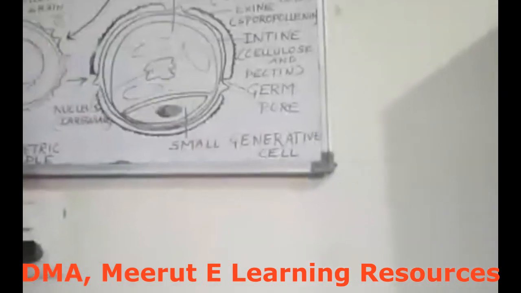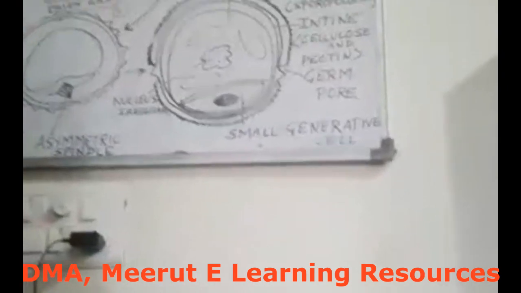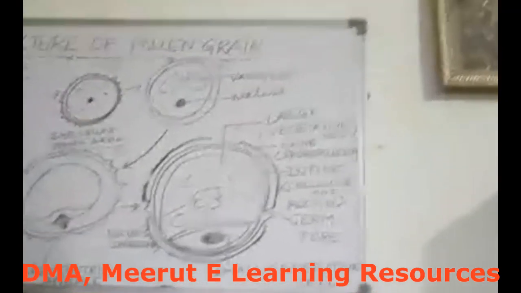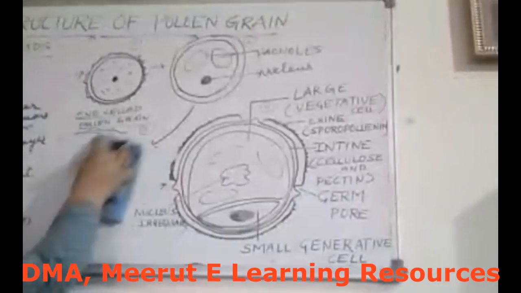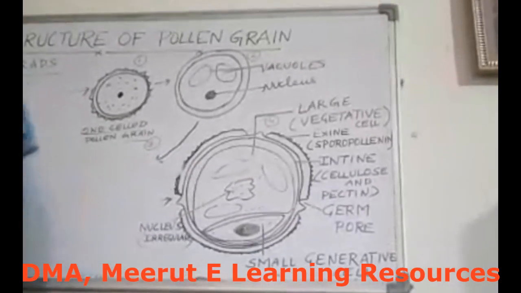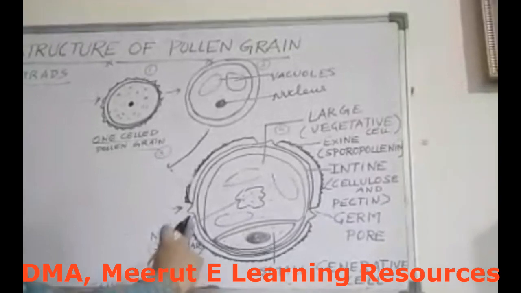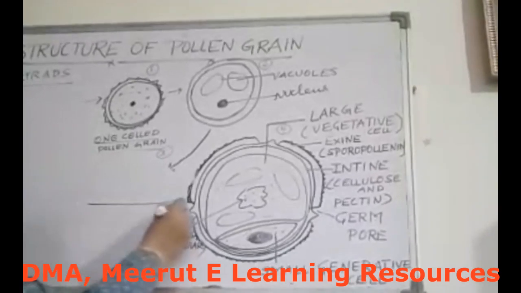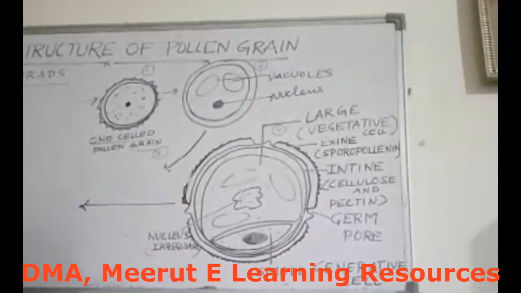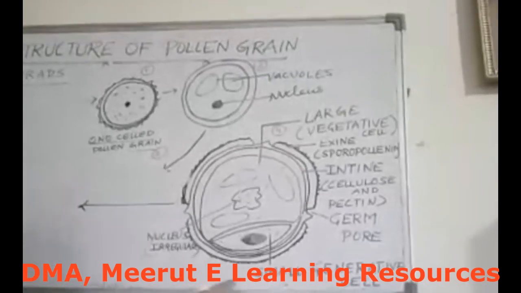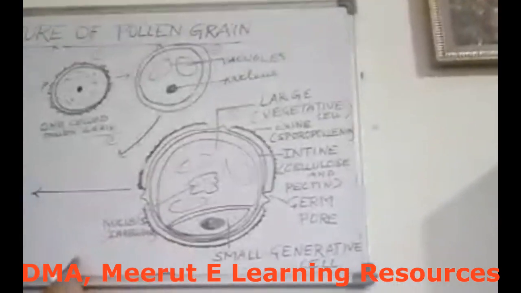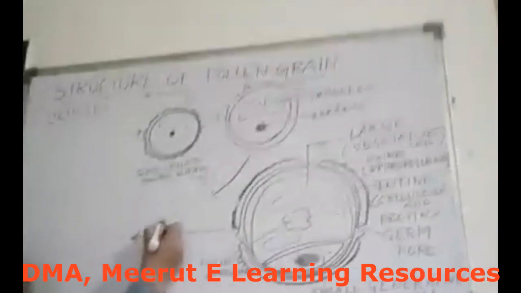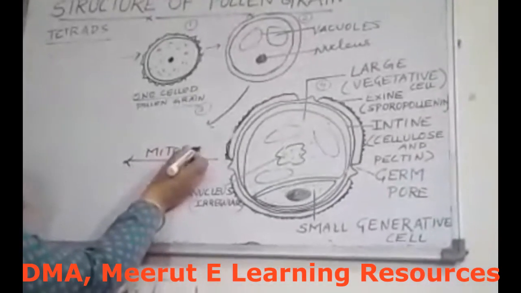Why is it called the male gametophyte? Because it is going to carry 2 male gametes. How are the 2 male gametes formed? Let us study. You can see that this 2-cell stage pollen grain is going to convert into the 3-cell stage. The smaller generative cell undergoes mitotic cell division, by the process of mitosis.